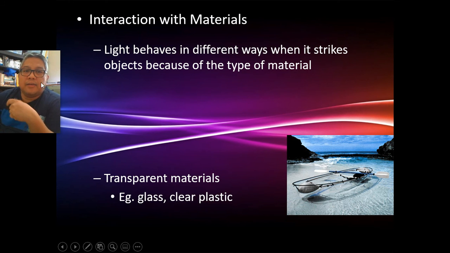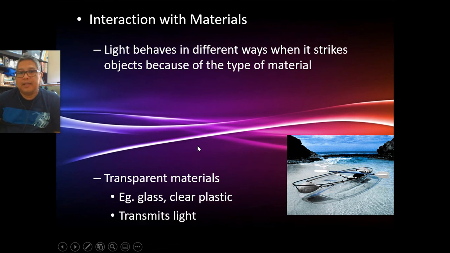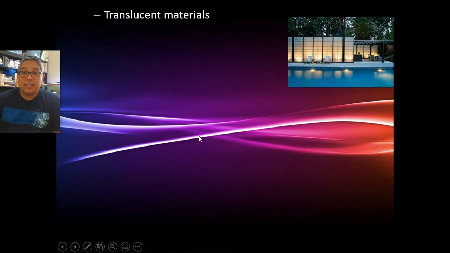Transparent materials, for example clear plastic, allow light to pass through. You can see me, right? So this is what we refer to as transparent. They transmit light, allowing light to pass through.